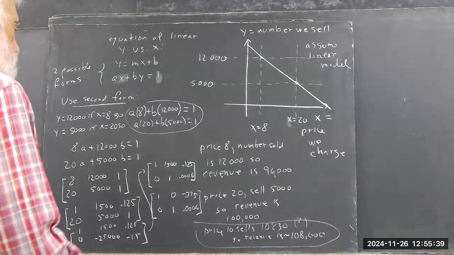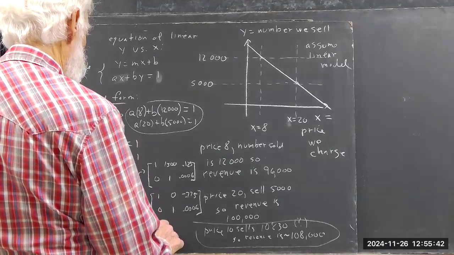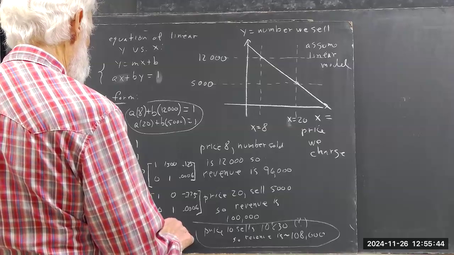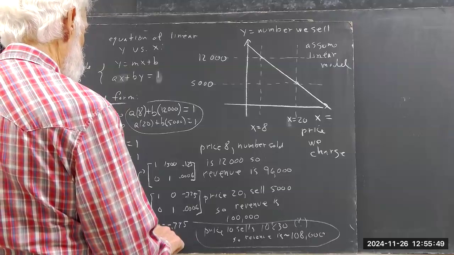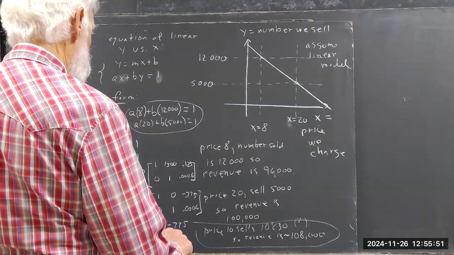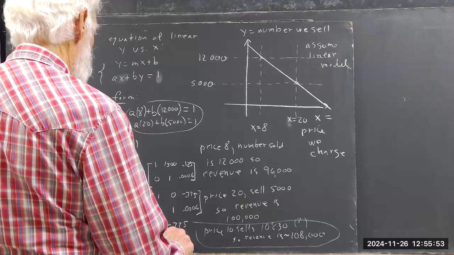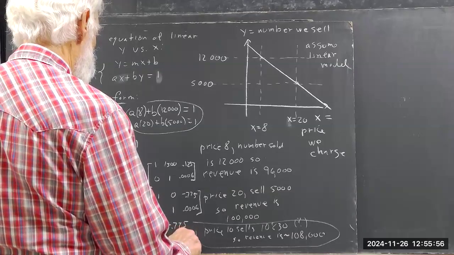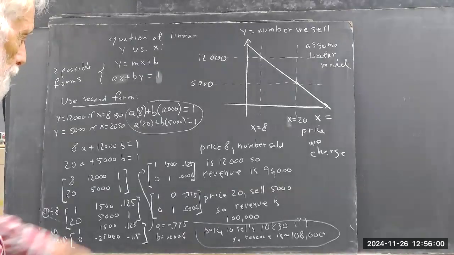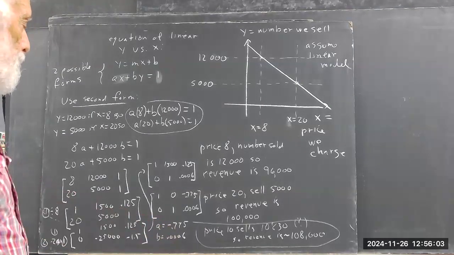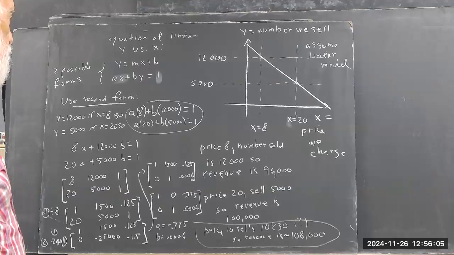This would say that A is negative 0.775 and B is 0.00006. Now that value of A might actually be off.